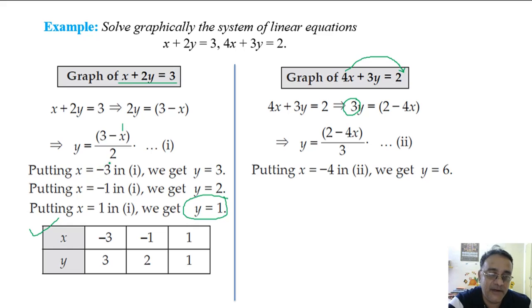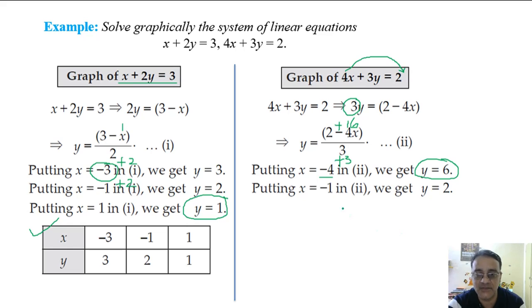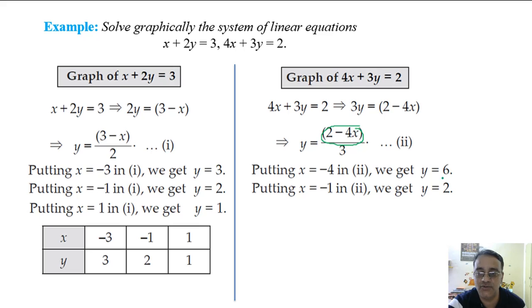Okay, fine. Here earlier we took minus 3, after that 3 came. So for the next value, add plus 2, which is in the denominator, then for the next value add plus 2 again, that is 1. So here also we took minus 4 first. So what we are getting is 18. Here plus 16 is coming. If you take minus 4, 18 by 3 is 6. So for the next value we will take plus 3, that is minus 1. If you take minus 1, we'll get 6. 6 by 3 is 2. Now again the next value, plus 3, that is 2.